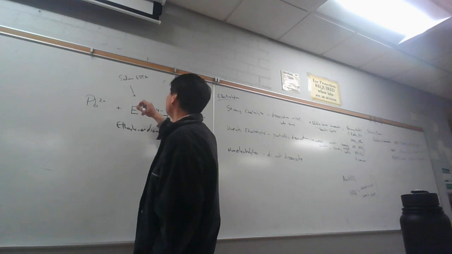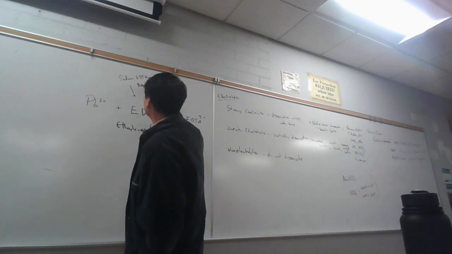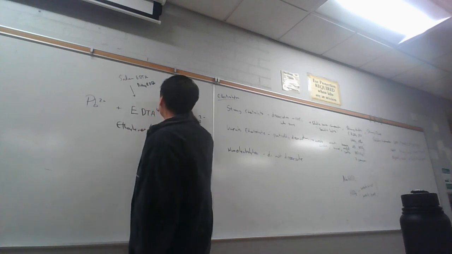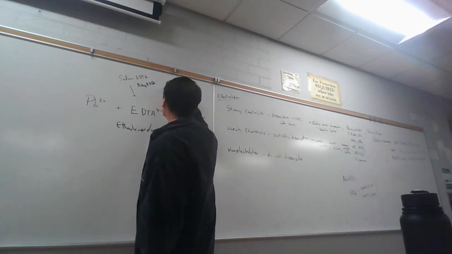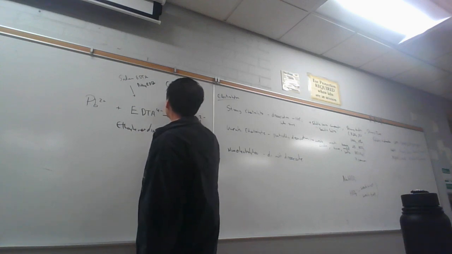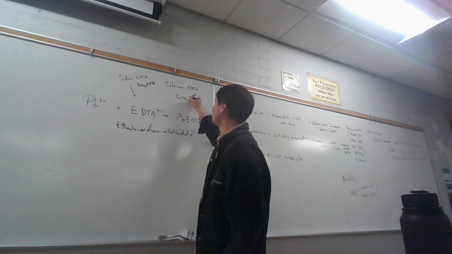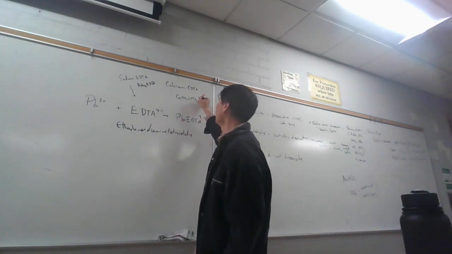There are 2 medicines for this. One is sodium EDTA. Sodium EDTA is Na4 EDTA. And then they have calcium EDTA also. Calcium EDTA is, rather than having 4 sodiums, it has 1 calcium and 2 sodiums, EDTA.